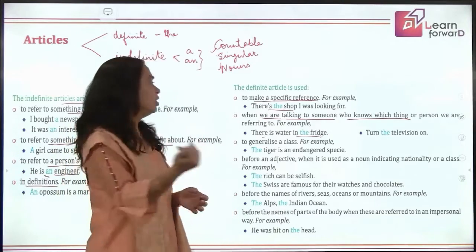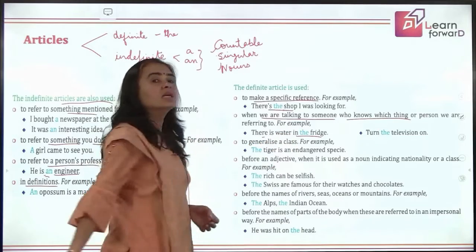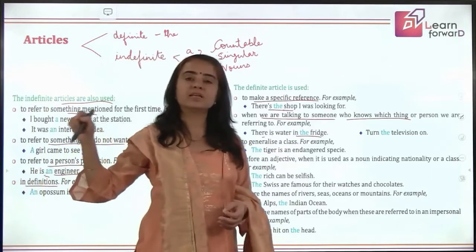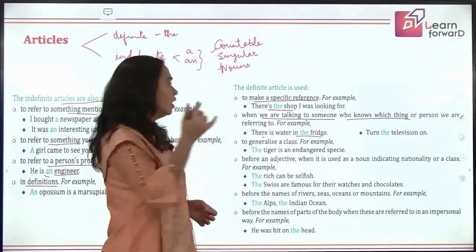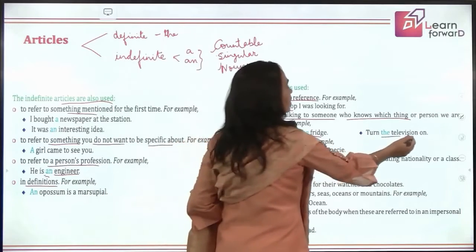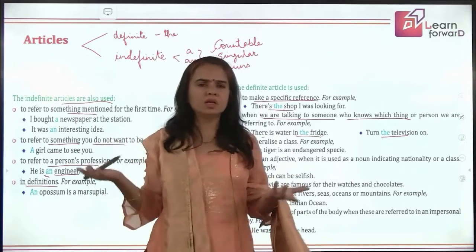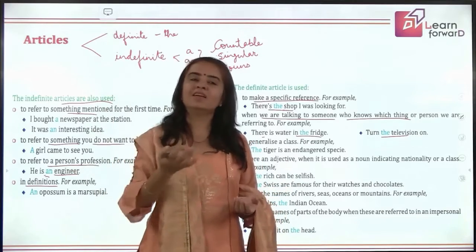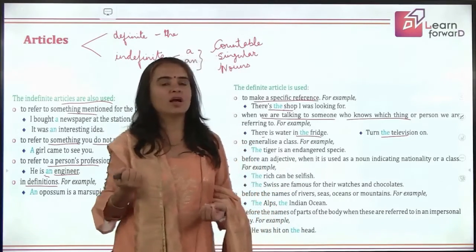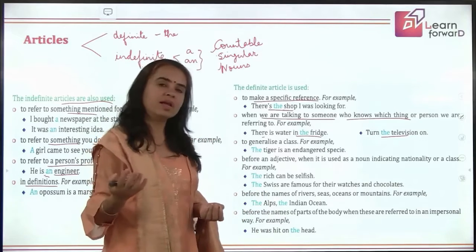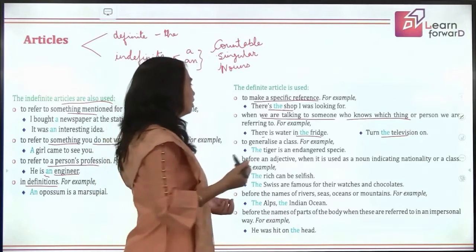But then you mean to say there is water in the fridge. That means the fridge that is there, right? So it becomes particular. Turn the television on. So what do you mean by the television? Which particular one are you talking about? The one which is somewhere around you, right? So you are talking about that only.